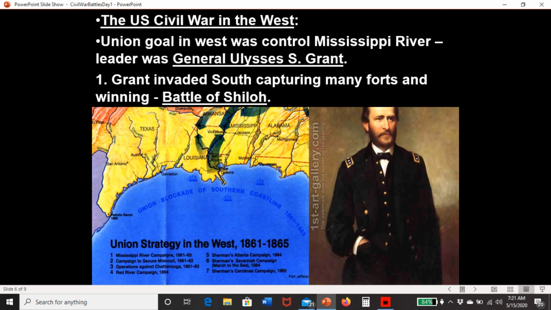On the first day of fighting, there was back and forth in regards to momentum and land gained throughout the battle. Eventually, later on that afternoon, Grant decides that he was going to retreat. He's going to give up space and give up time, because later on that night, he was going to be hit with reinforcements making their way.